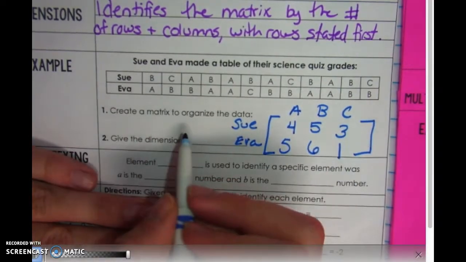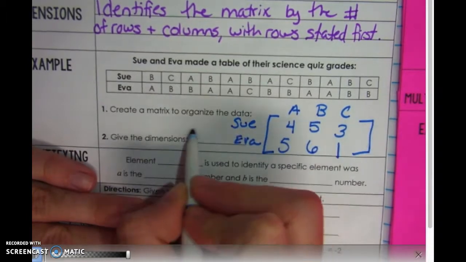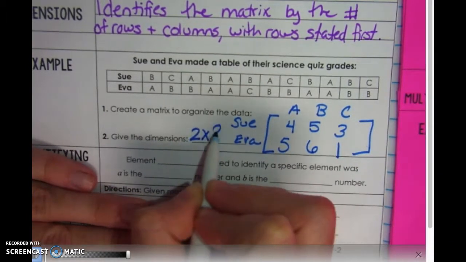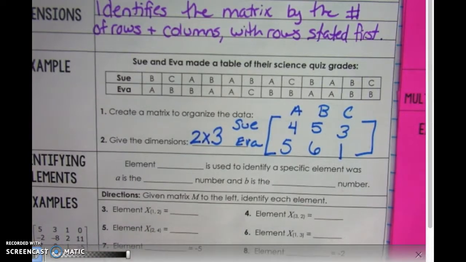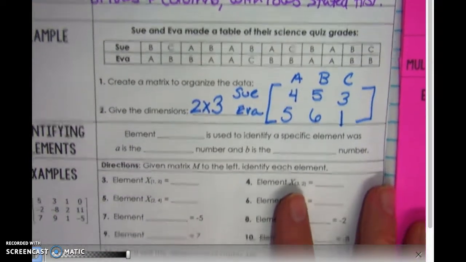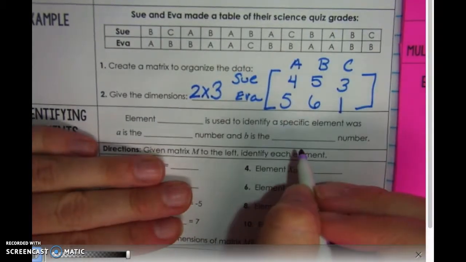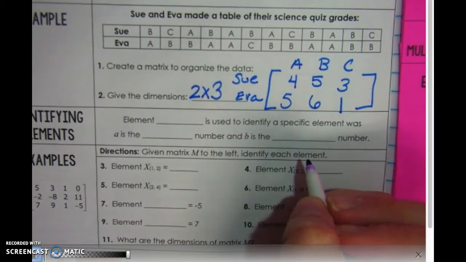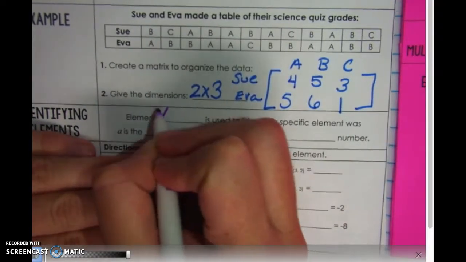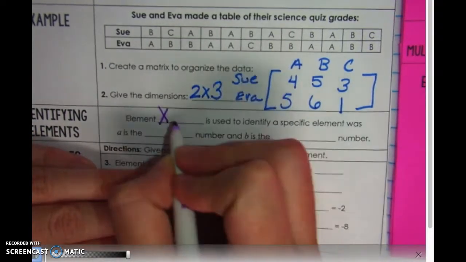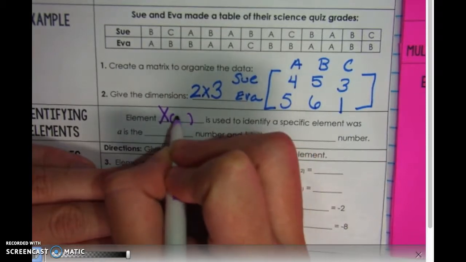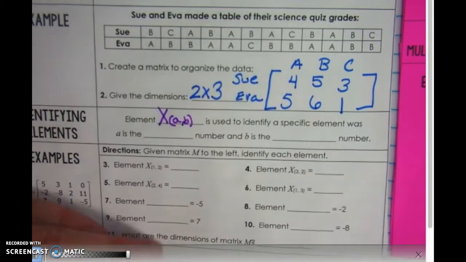So we're going to say the dimensions. We have 2 rows, so it's going to be a 2 by 3. Okay. All right, so now when we talk about our elements, we're going to write a big X, and then a small a, b in parentheses.